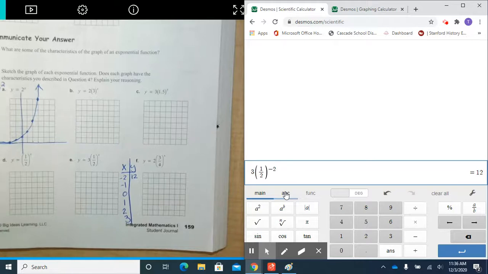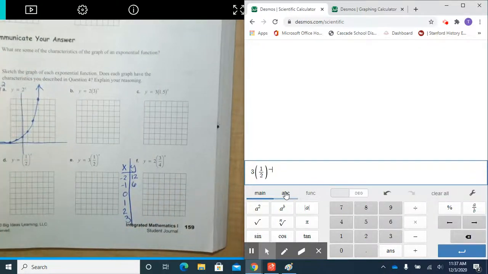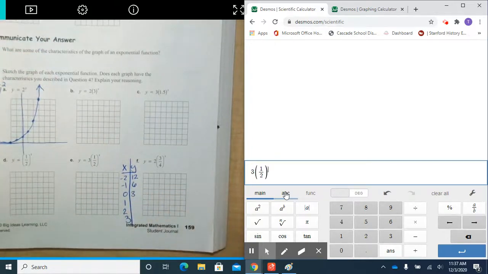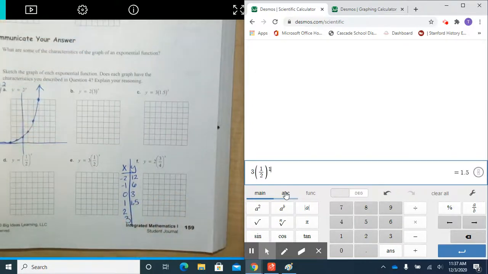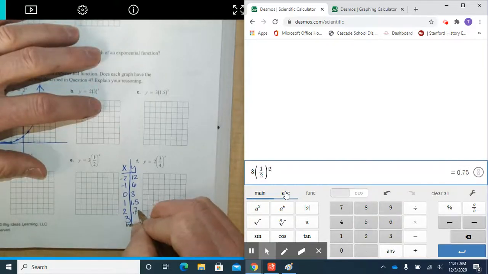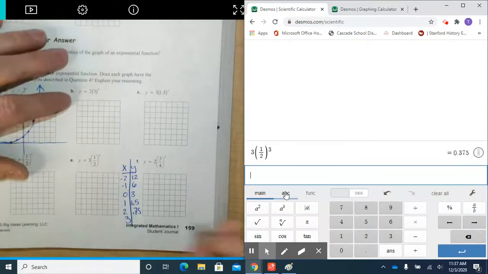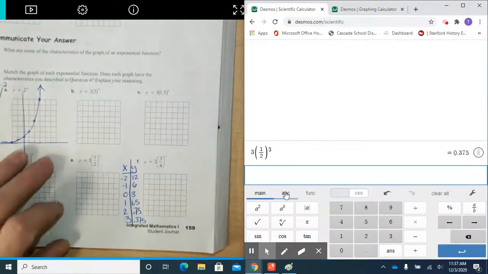Then I put in a -1, I get 6. I put in a 0, which makes it 1 times 3, which is 3. Then I put in a 1, 1.5. I put in a 2, which is 3/4, 0.75. And I put in a 3, 0.375. So there are my points.